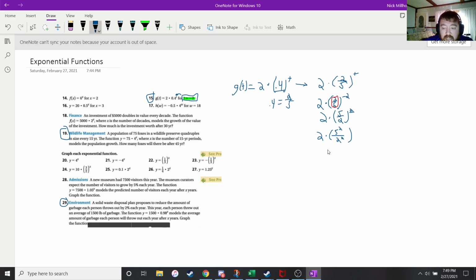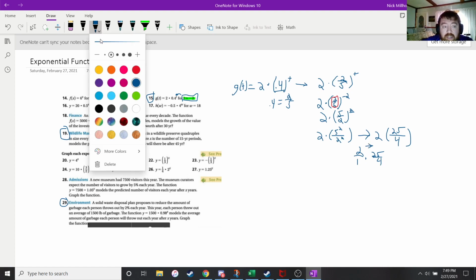Then that's going to become 2 times 25 over 4. Now we can multiply this out, but really, since this is the same as saying 2 over 1 times 25 over 4, we could multiply straight across and then simplify our result, right?